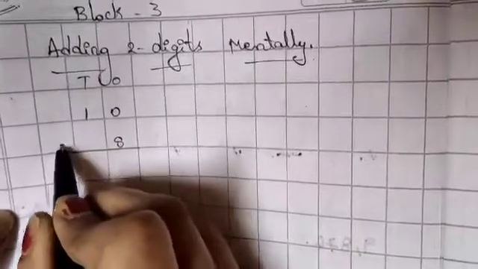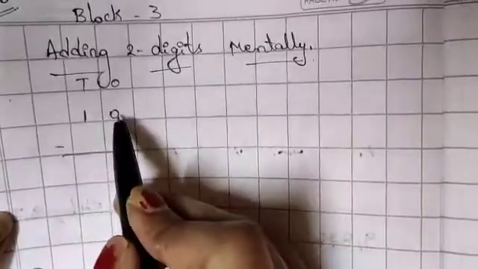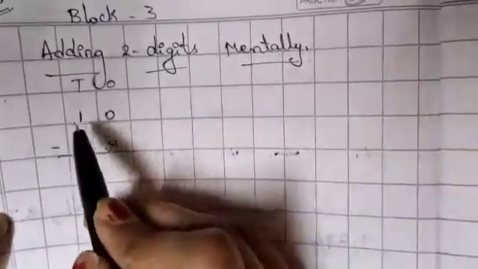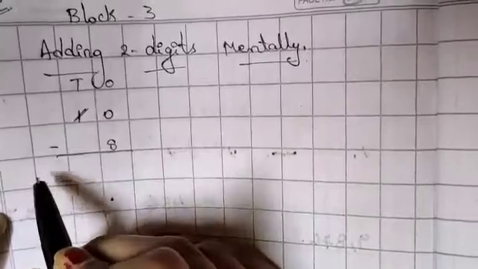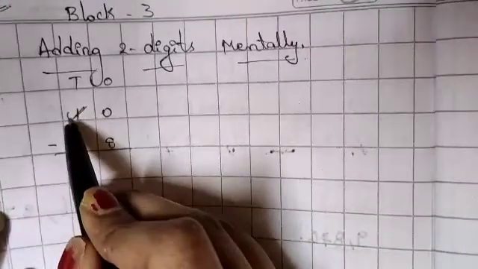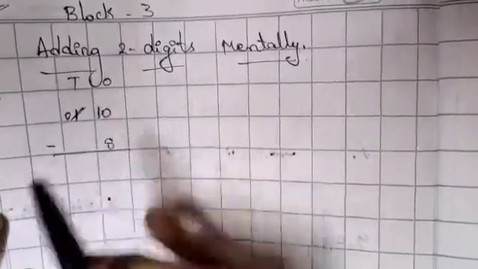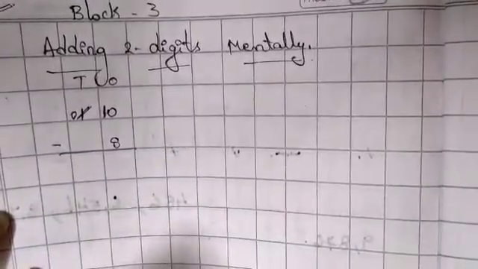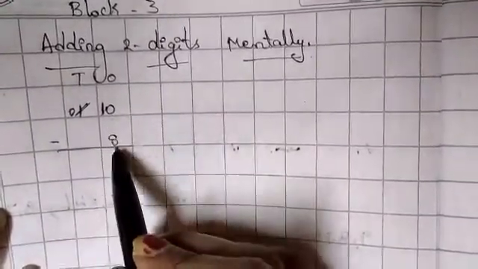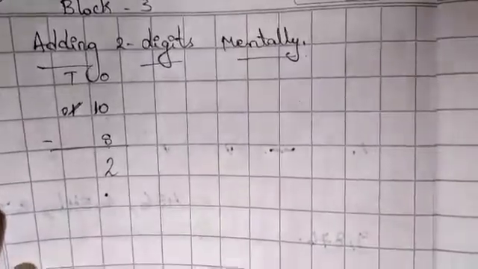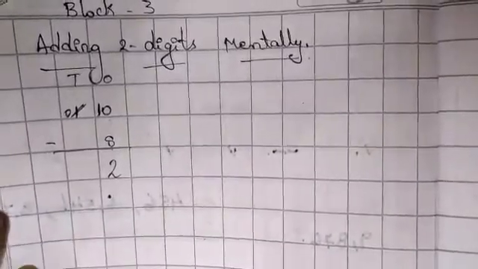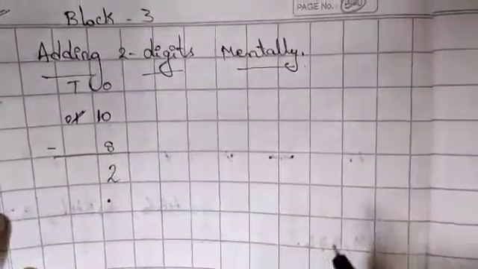If I subtract 8, how much will I get as the remainder? Here 0 minus 8 I cannot do, right? So here I'll just cut the number and write 0 in the ones place and 10 here. So 10 minus 8 will be 2. Yes or no children? So 10 minus 8 will be 2.